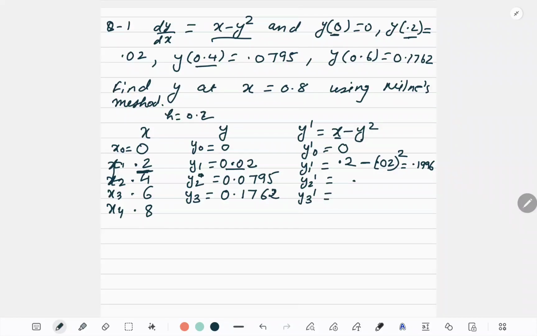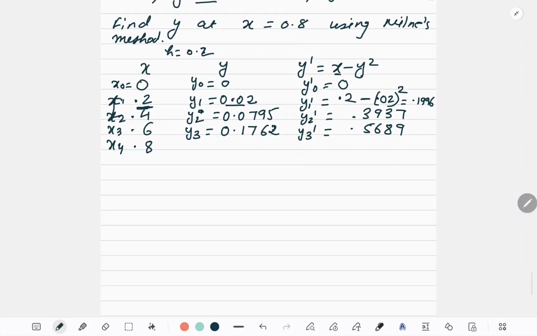Okay, so it will be 0.3937, 0.5689. Right, now I will go for my predictor formula. Now I will write the y4 predictor formula, which is equal to y0 plus 4h by 3 into 2y1 dash minus y2 dash plus 2y3 dash.